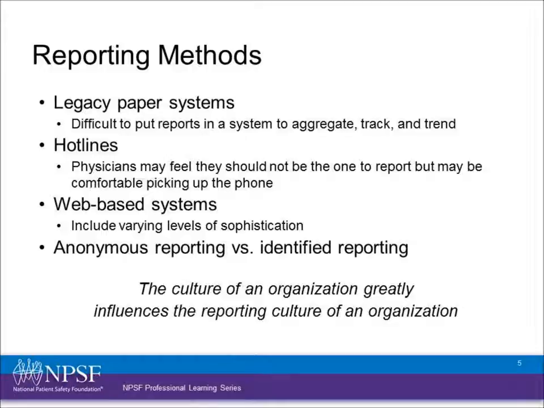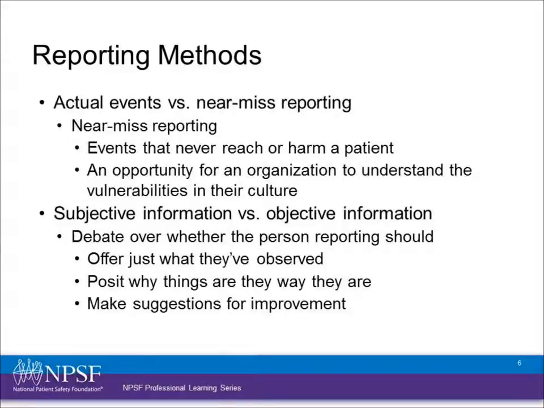So having the perspective of the individual, should you need to follow up, I think would raise a question as to whether anonymous versus identified reports are preferred. I think there's also, depending on the culture, this continued debate about whether you should really be pushing people to only report actual events versus near-miss reporting.